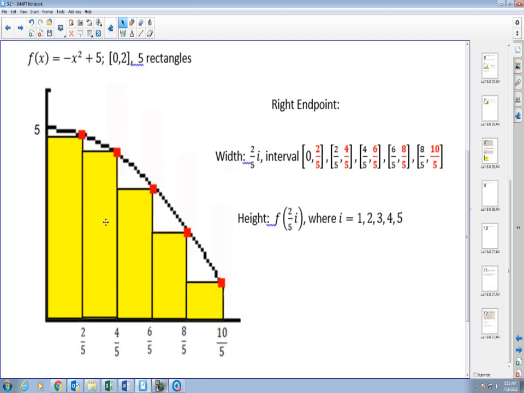If I pick the third interval, the endpoint is 2/5 times 3, which is 6/5. So the endpoint is 2/5 i at a time. My first right endpoint will be 2/5. The next ones are 4/5, 6/5, 8/5, and 10/5.